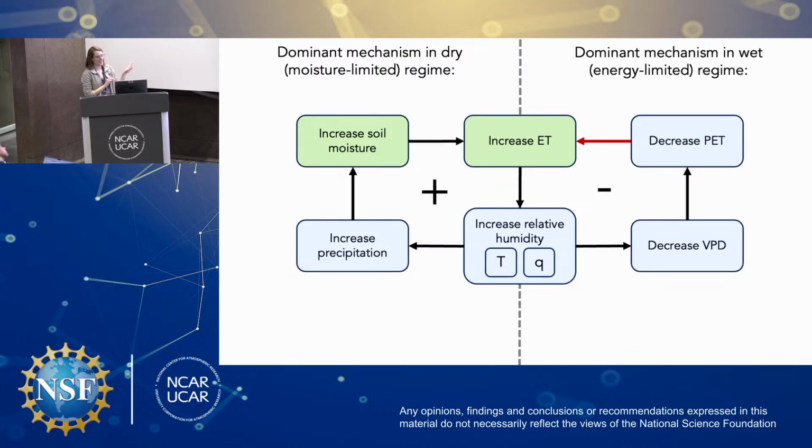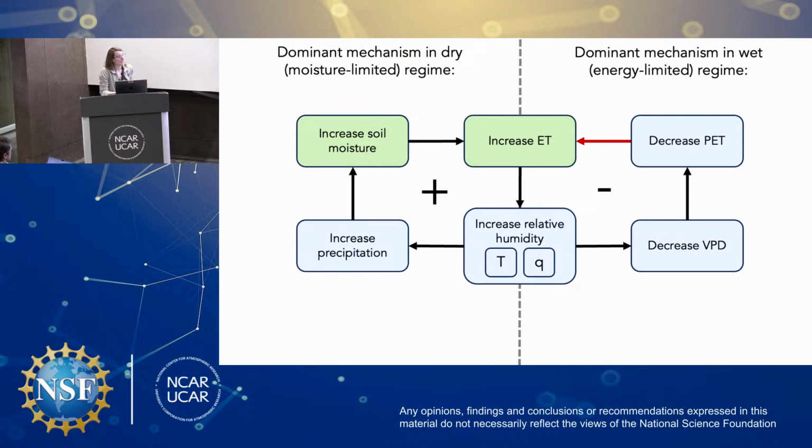So we identified these two different mechanisms at play in different moisture regimes. I think each individual arrow in this diagram is kind of obvious and very well established by either prior work or first principles, but we can learn something new by coupling them all together to disentangle how a change in land evapotranspiration impacts the atmosphere, and how that atmospheric response modulates the initial change.